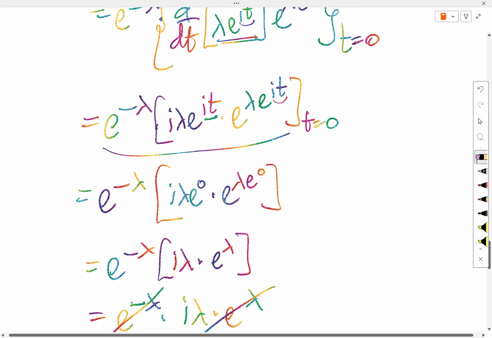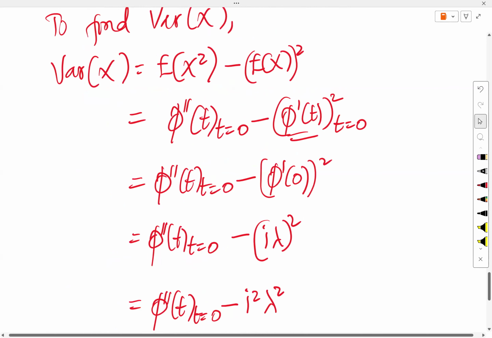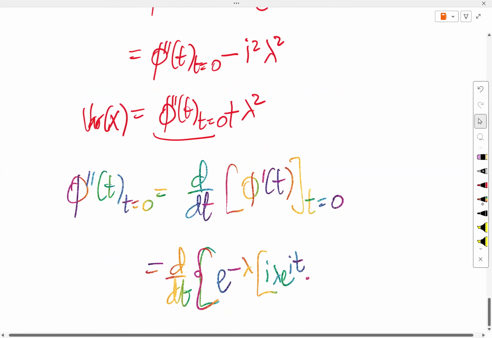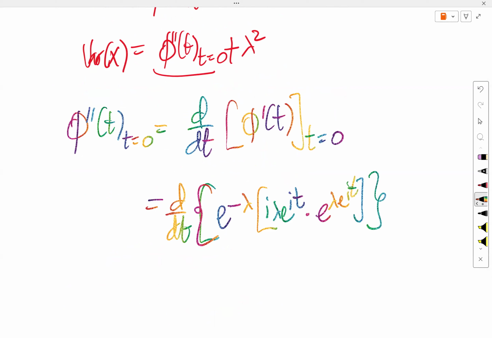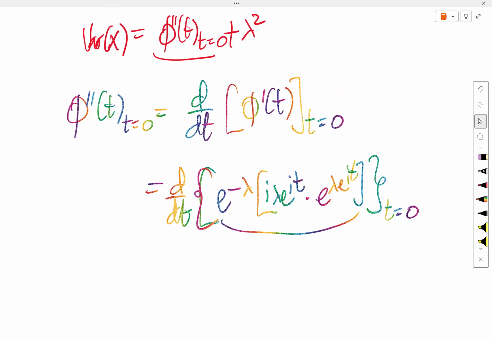Pay attention that this is not minus; I was just referring to it. All this, right? And we want to evaluate that at t equals 0.